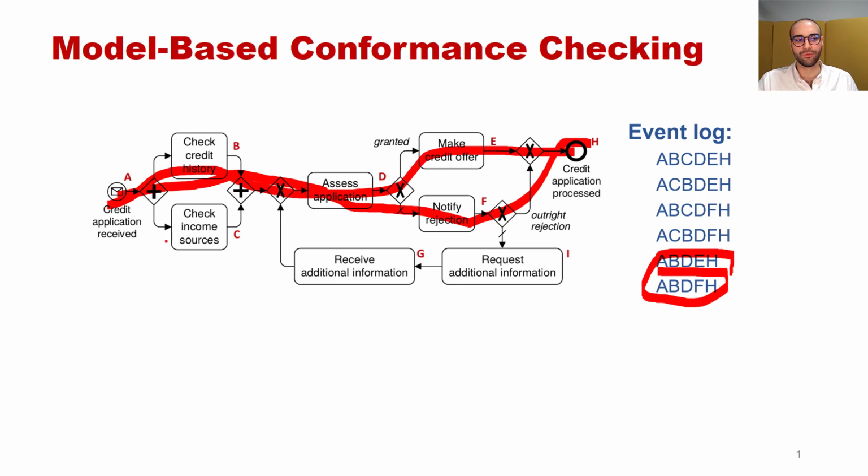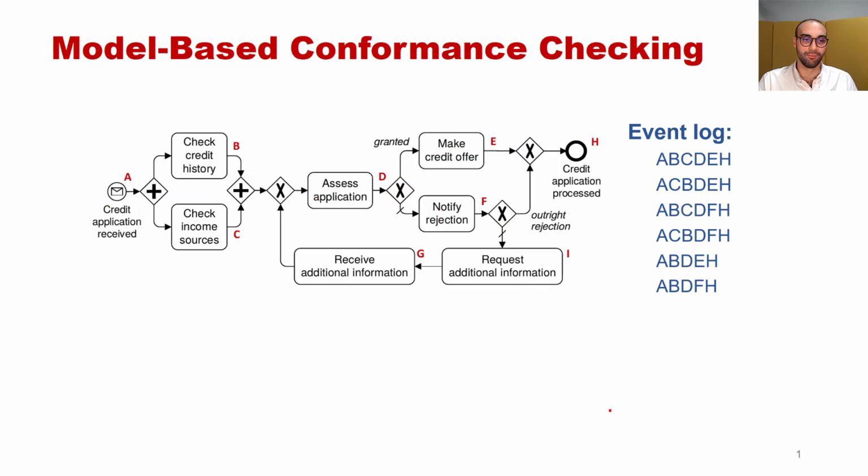However, the process model here says that it's A, then B and C are parallel activities, and then it continues the execution. So these two traces, the last two traces, violate the business process model that we have at the moment and are not conformant with it.